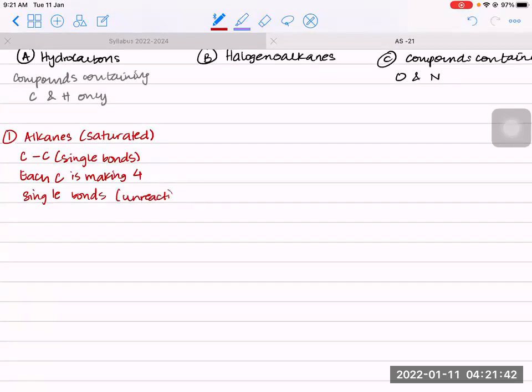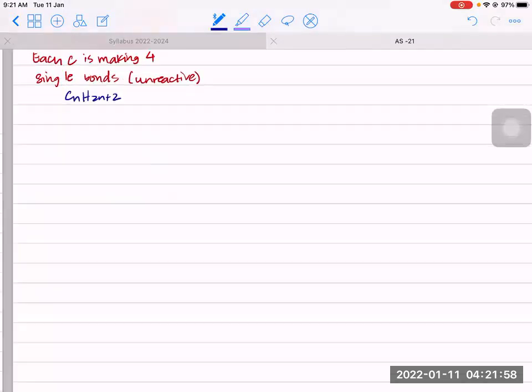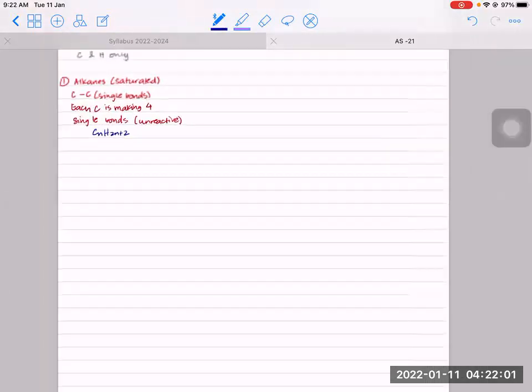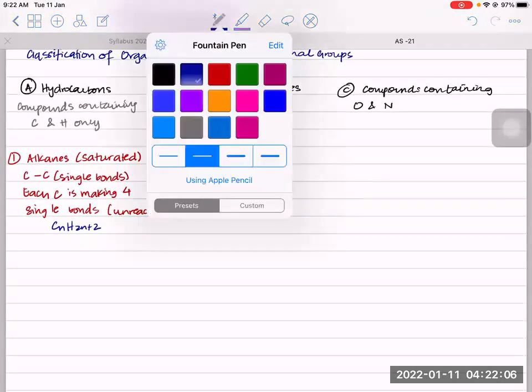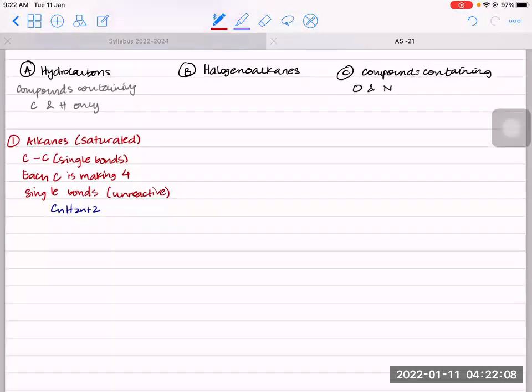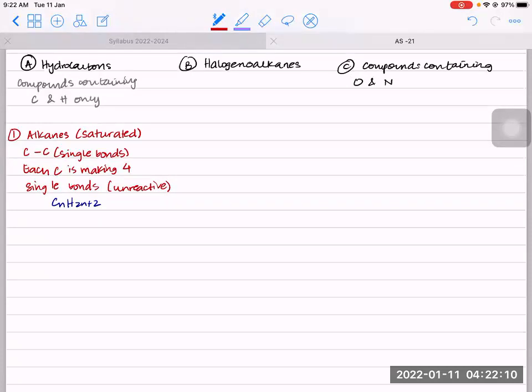So alkanes have very few reactions, which we will see, but they're generally considered unreactive. They follow a general formula that is CnH2n+2. So these are alkanes: saturated, carbon-carbon single bonds, unreactive, with the general formula CnH2n+2.